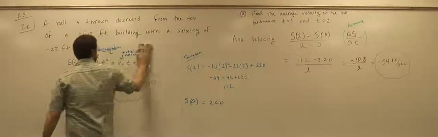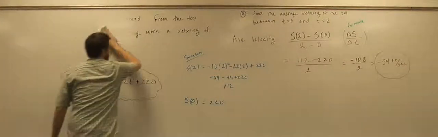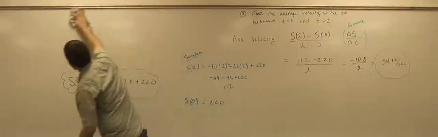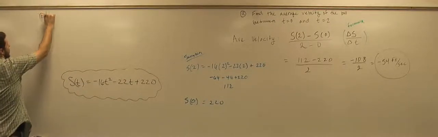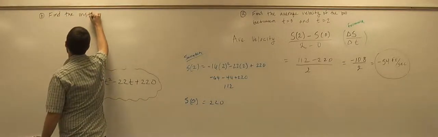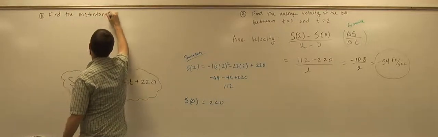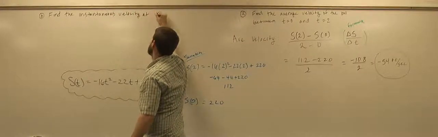Keep this up here. What changes if I want instantaneous velocity? Yeah, so finding instantaneous velocity at, let's do t equals 2.